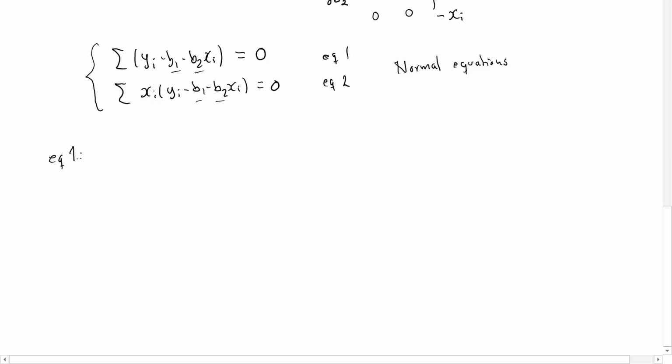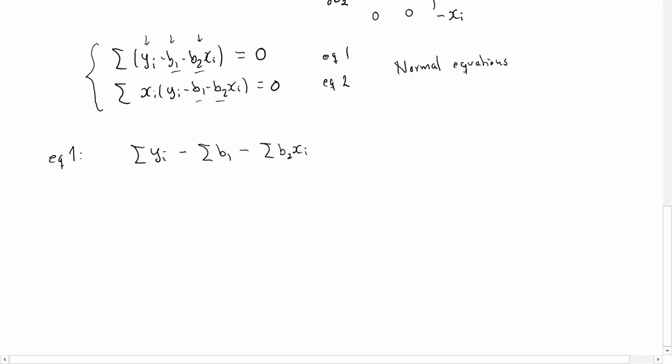we have these summation rules which say that if you sum a bunch of terms like this, you can sum each individual term. So I can write equation 1 as summation yi minus summation b1 minus summation b2 xi.